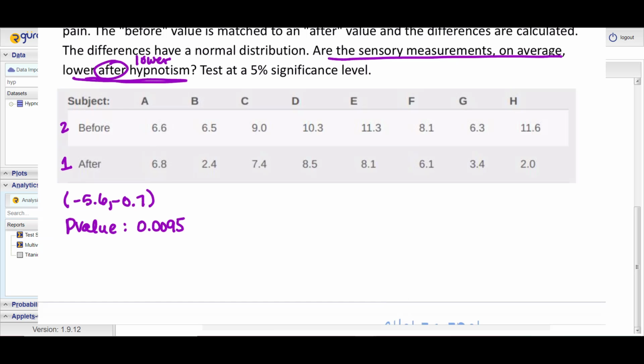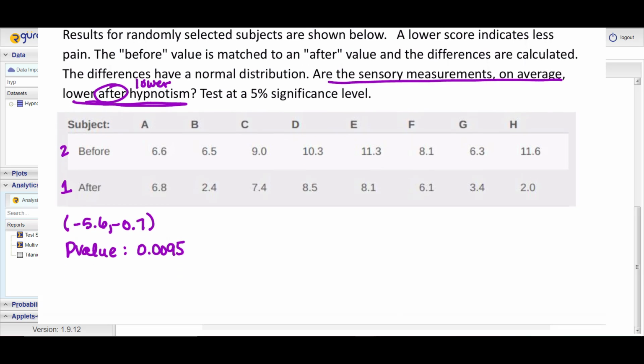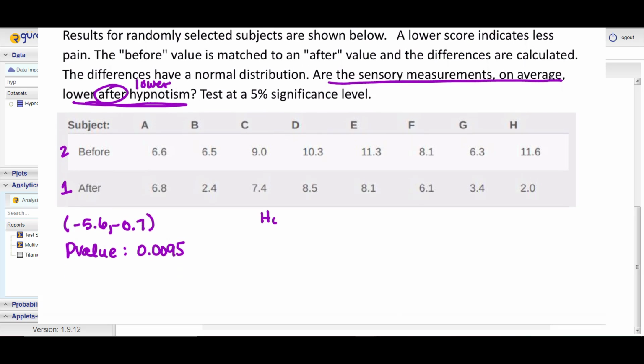Okay, so we never wrote down our null and our alternate statement, so let me go ahead and do that. The null is mu d equals 0 because it's paired, and the alternate is mu d is less than 0, and we're doing after minus before. And since the p-value is 0.009, that's less than 0.05 or 5%, so we're going to reject the null.